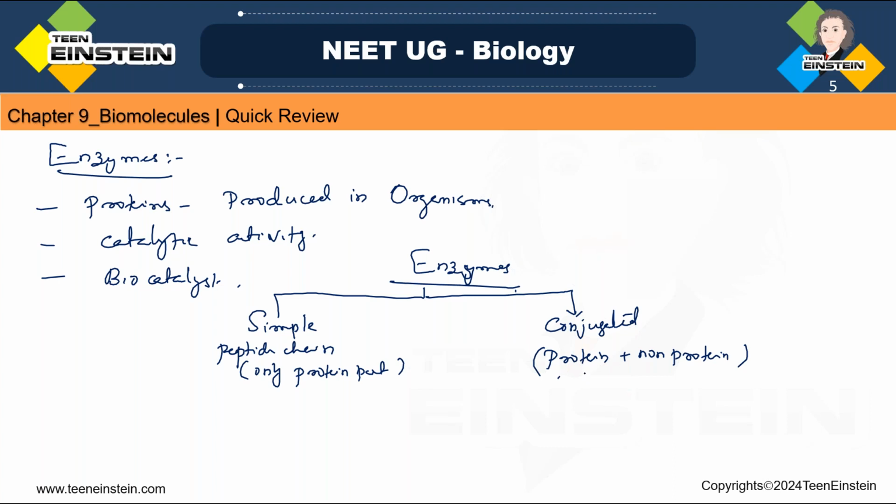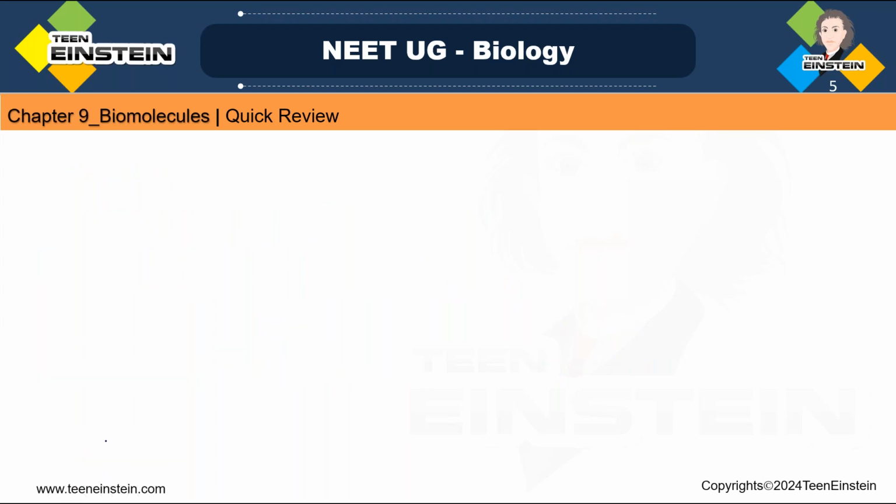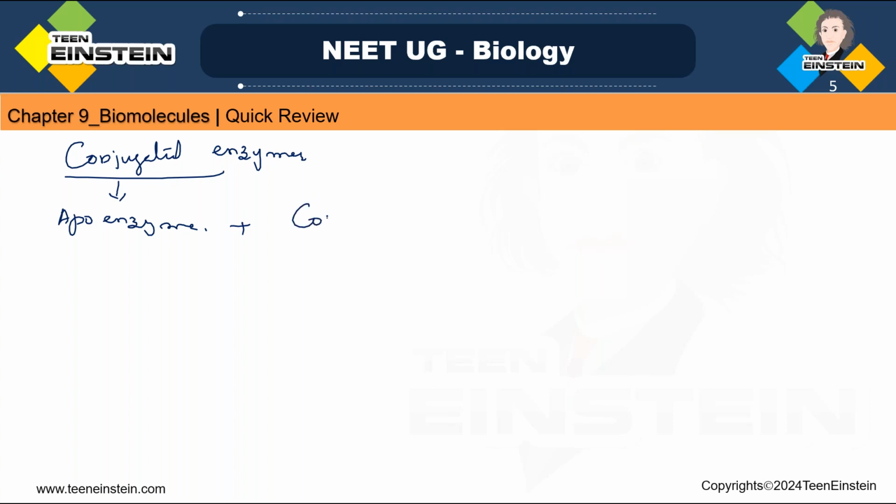The conjugated enzyme is composed of apoenzyme plus cofactor, that is, the protein part and the non-protein part. The apoenzyme is the protein part of the enzyme, and it is very large in size.